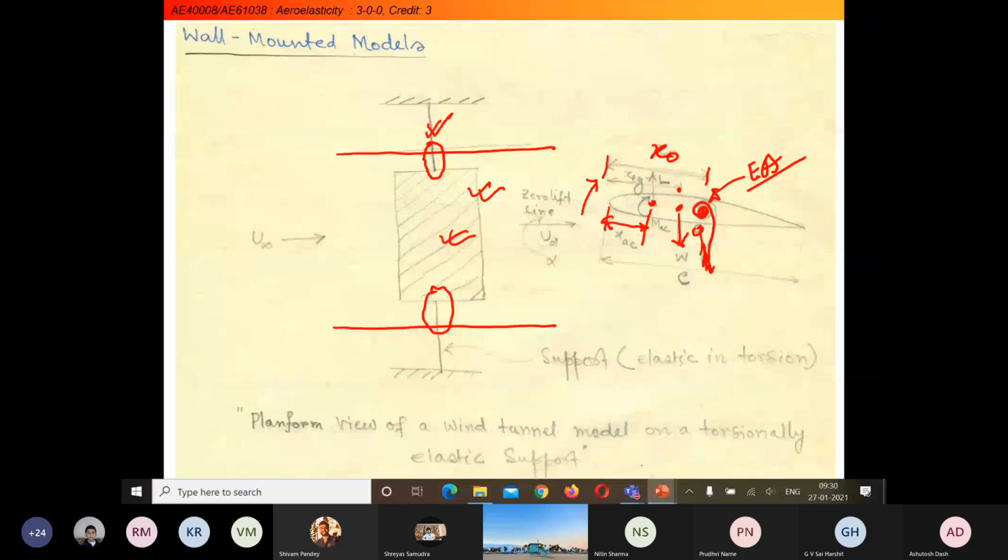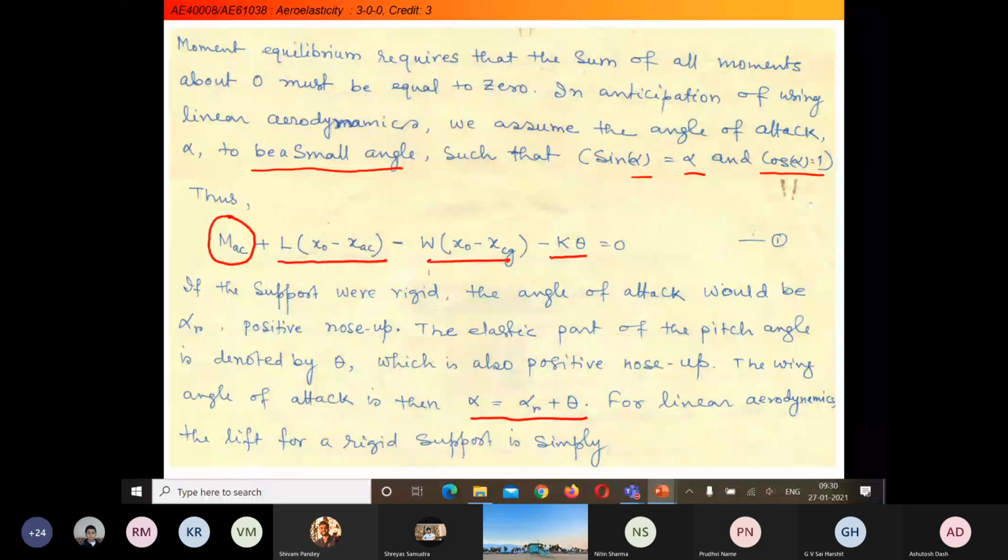So that's why I have taken the minus sign for the moment due to weight of the aerofoil section and the elastic restoring force. These two are negative, in the consideration that clockwise moment is positive, anti-clockwise moments are negative.